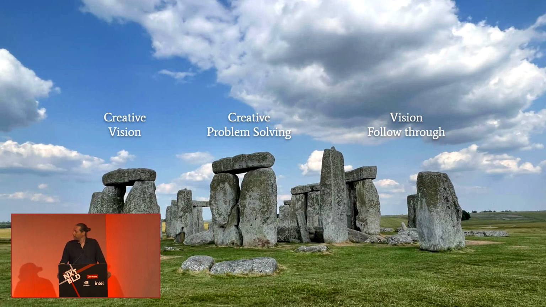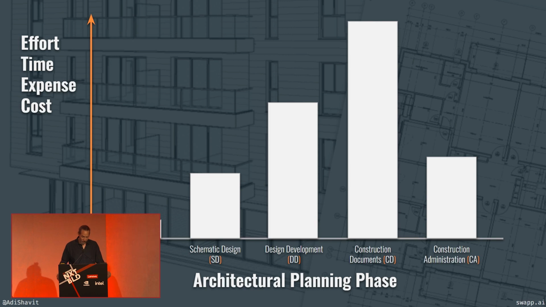Now, if we fast forward to today, and we look at the phases of modern architectural planning, what we usually see is something that has been called the McLeamy effort curve. It's a rough average diagram showing the amount of effort that architectural firms usually need to invest in each of the planning phases.